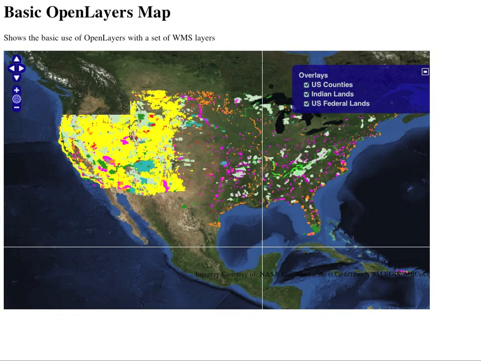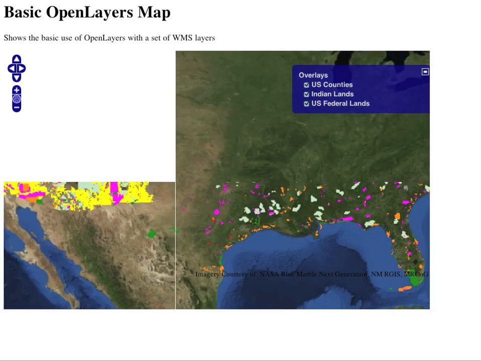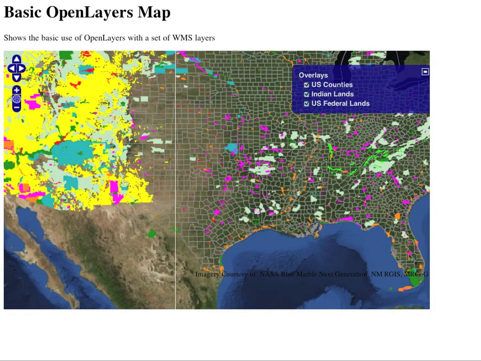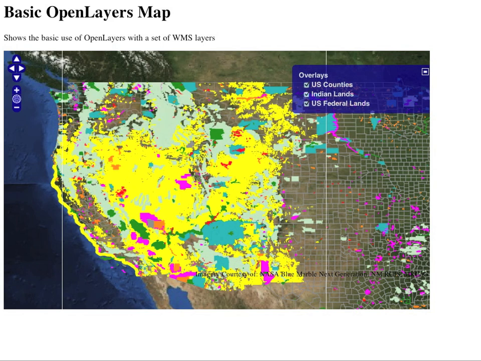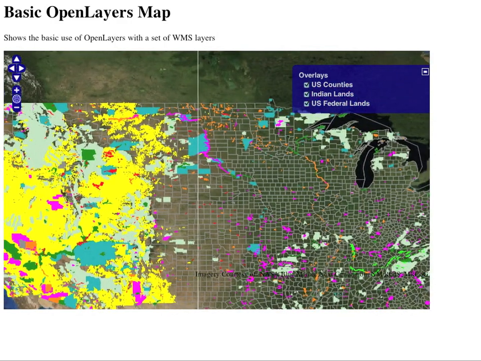As I zoom in, those result in new WMS requests that are submitted to both the imagery service that we are hosting here at the Earth Data Analysis Center and at USGS for all of the other layers.